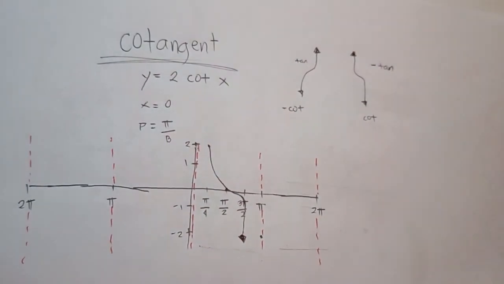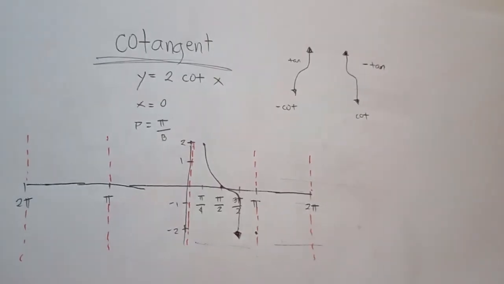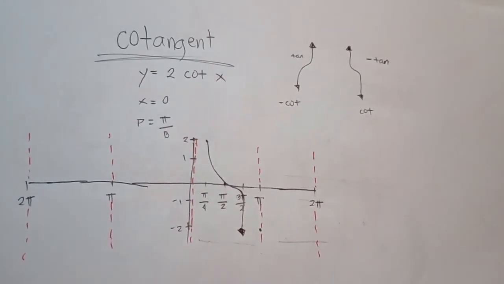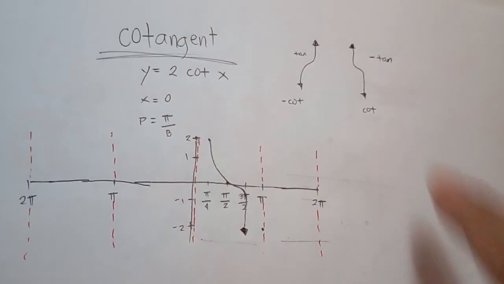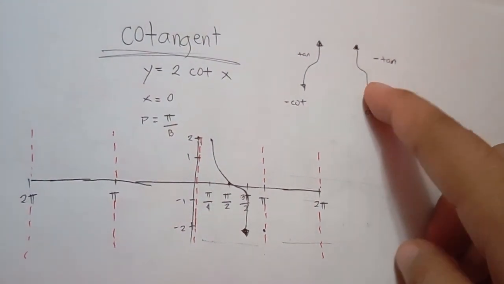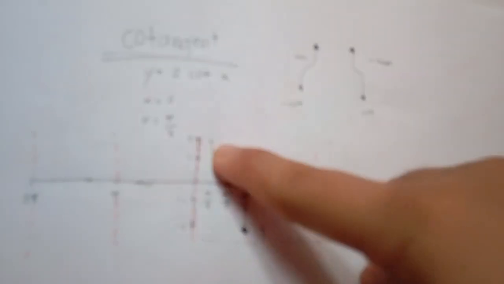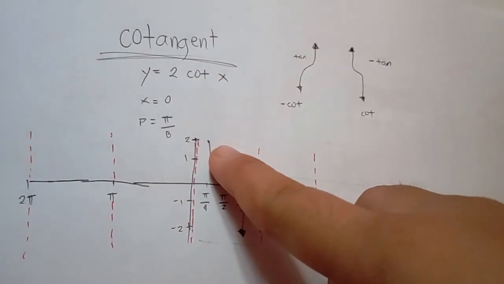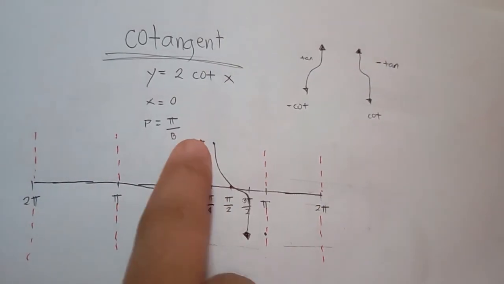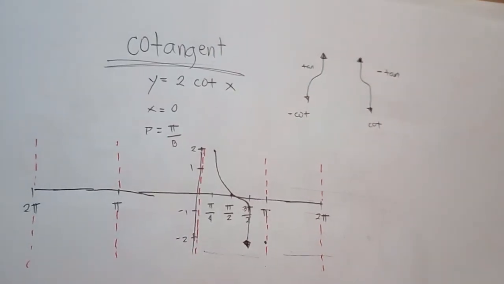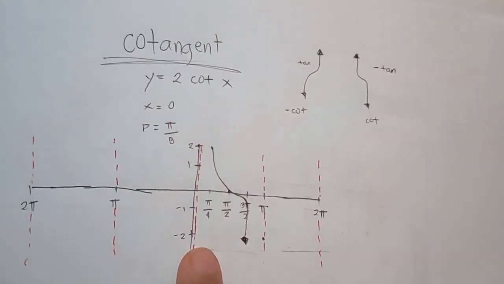Now we need to keep in mind that cotangent is a decreasing function, so it should look something like that. At pi over 4, it should be at 2, and at 3 pi over 4 it's at negative 2.